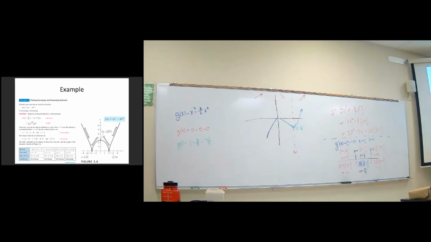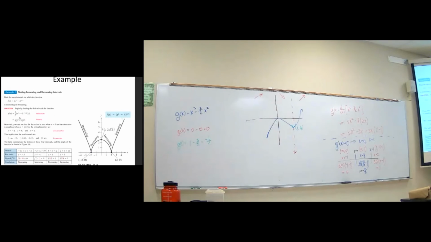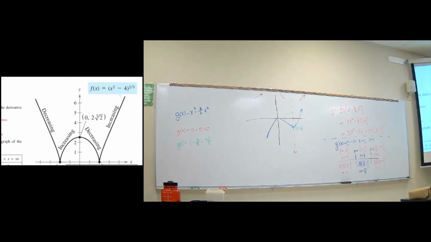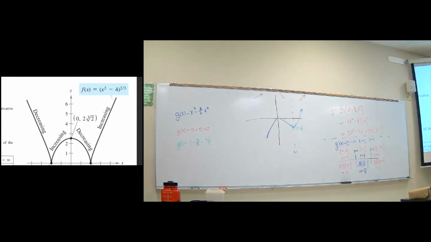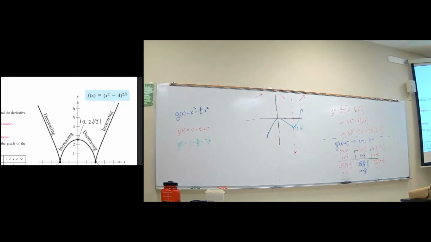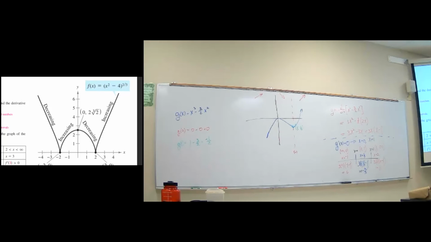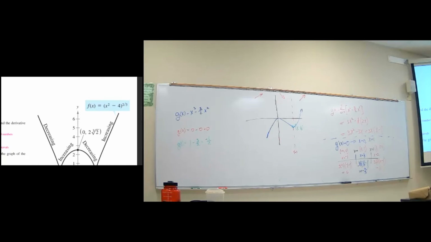Now we could have more complex examples like this down here. This is the function x squared minus 4 raised to the 2/3. This thing should have a critical number at -2, at 0, and at 2. We can see at 2 it would, right?